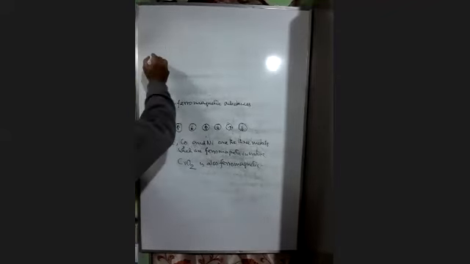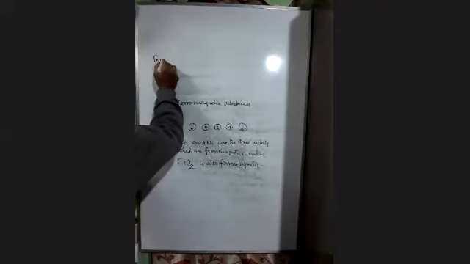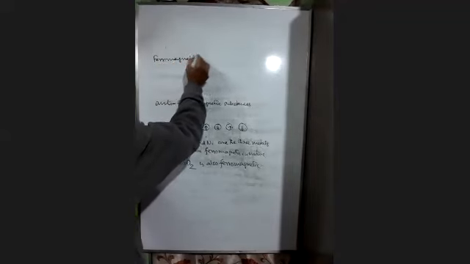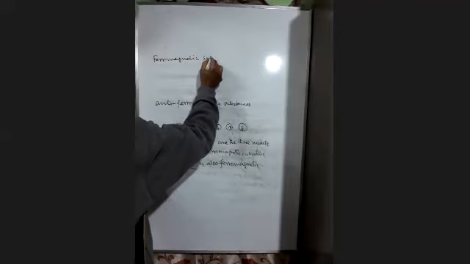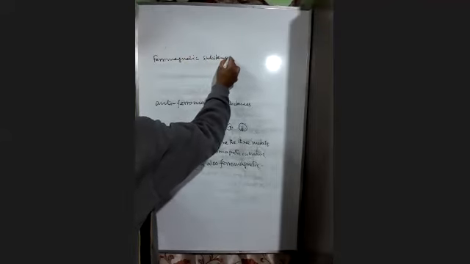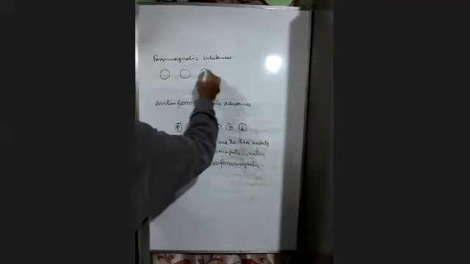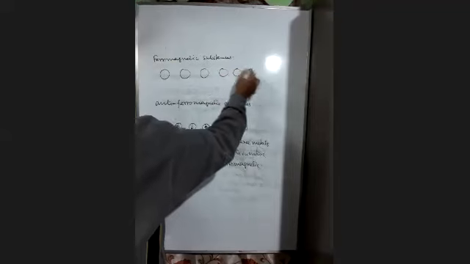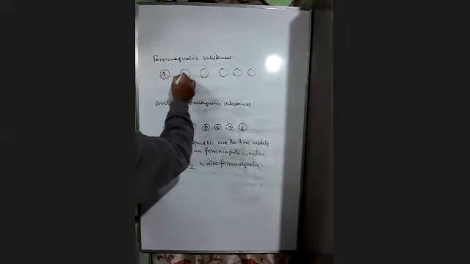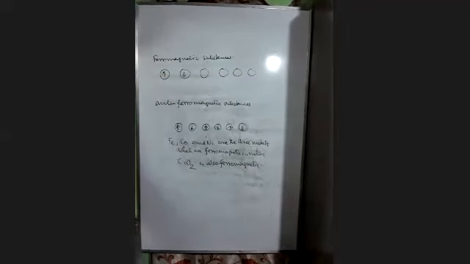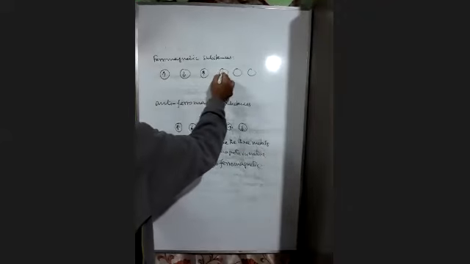Now, we have another substance, we call it ferrimagnetic. Ferrimagnetic substances are weakly magnetic in nature, but they also have unpaired electrons. But see, very interesting. See, this is one domain, this is another domain. This is one domain, this is also another domain.